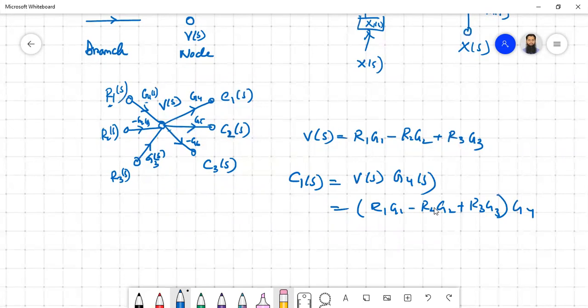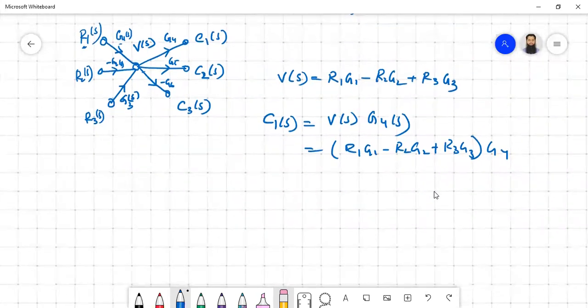The same thing will happen for your C2 and C3, and it is based on the value of your system transfer function, or whether there is a positive or negative sign. Based on that, we also have to include it. Let us figure out C3.